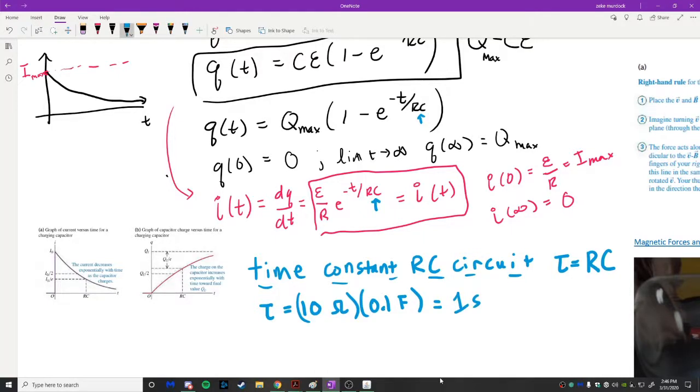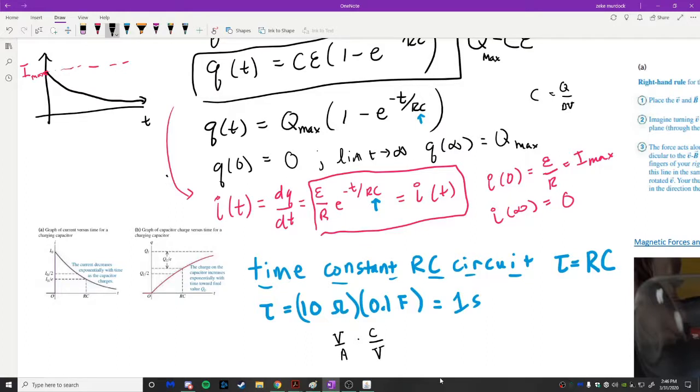Now, how do I know it's seconds? Well, if we look at the units, the unit of ohm is a volt divided by an amp. And the unit of a farad, you can use this equation, C is equal to Q divided by delta V, to get that the unit of capacitance is coulombs divided by volts.